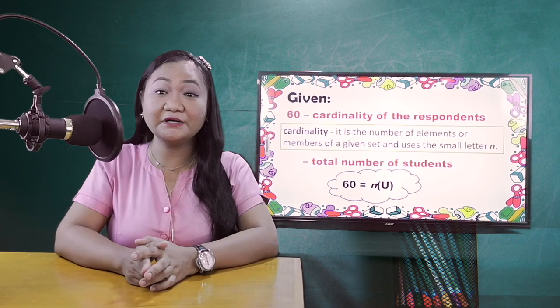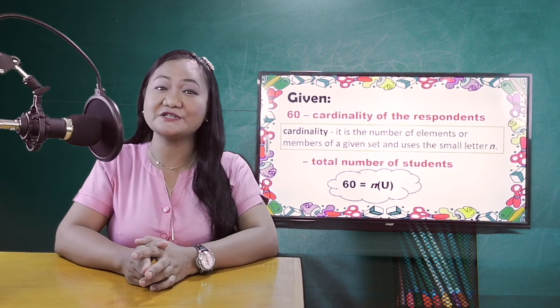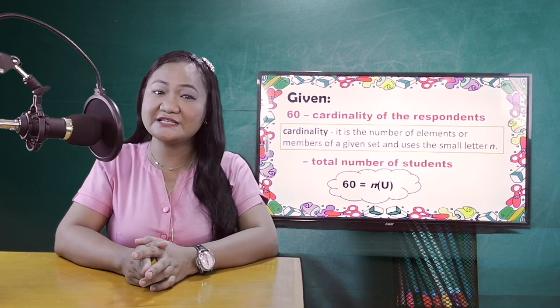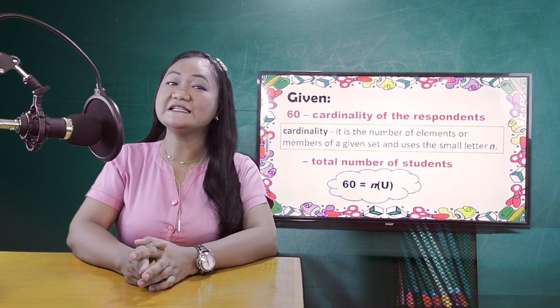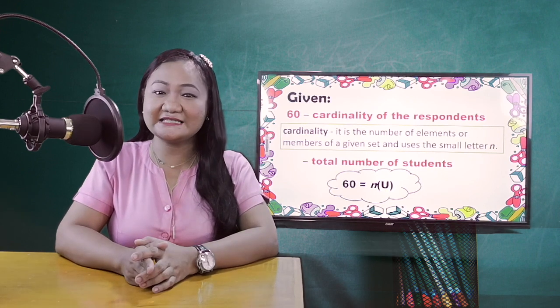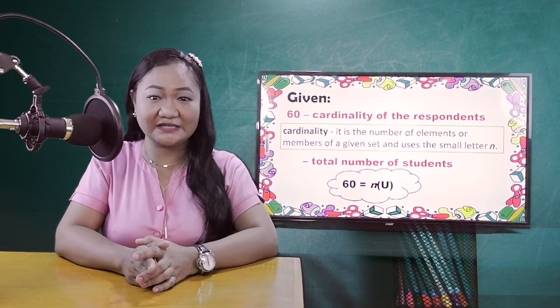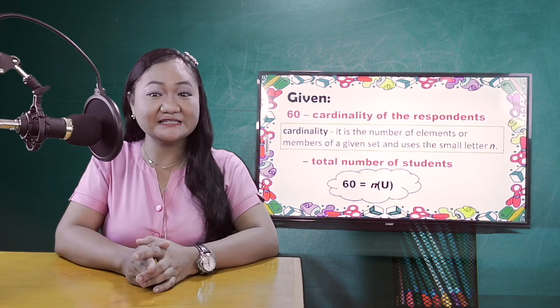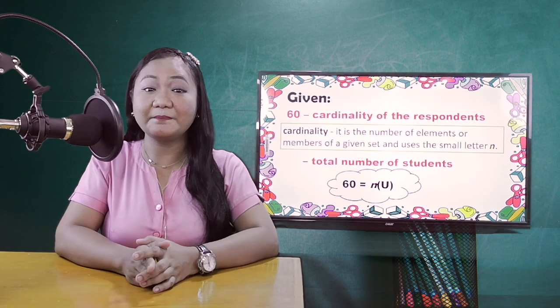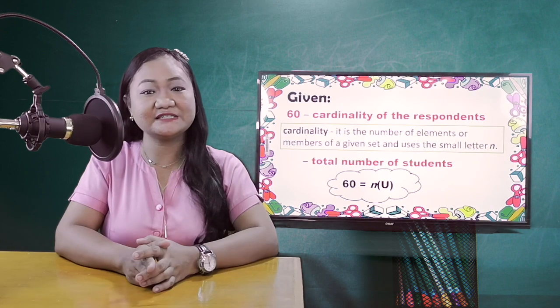It is the number of elements or members of a given set and uses the small letter n. So, in the given problem, 60 is the total number of students being surveyed, the cardinality of the universal set. Use the capital letter U for the universal set.